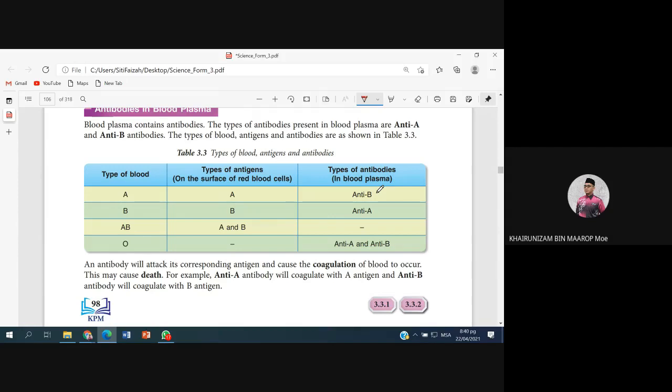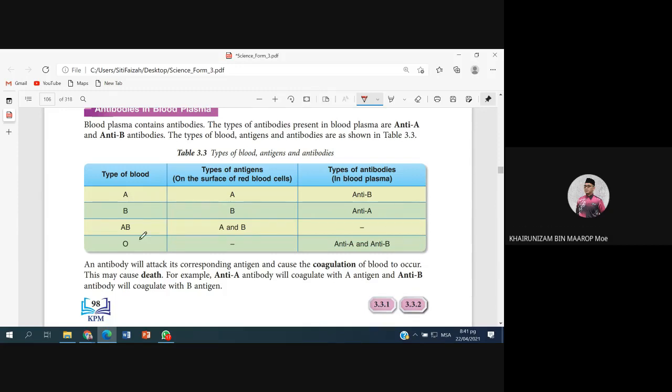For type B, in the red blood cell there is antigen B, or B antigen, and in the blood plasma it has anti-A antibodies. For blood type AB, they have both antigen A and B, but don't have antibodies in the blood plasma.